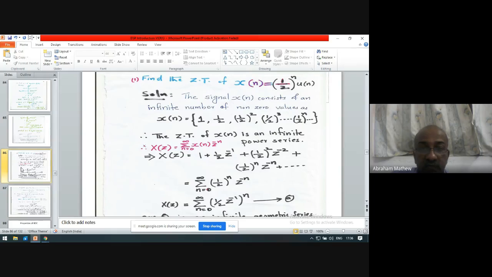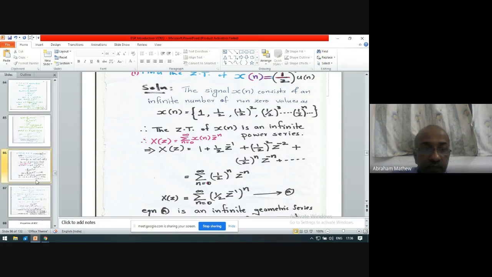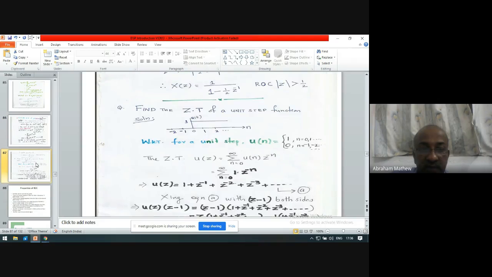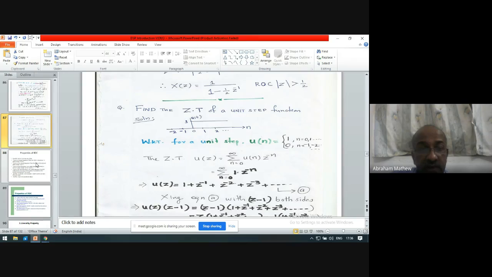Z transform of x of n is equal to 1 by 2 whole power n u of n is another example which is simplified here. And the corresponding ROC we can obtain. Again, Z transform of unit step. So different possible questions are solved here.